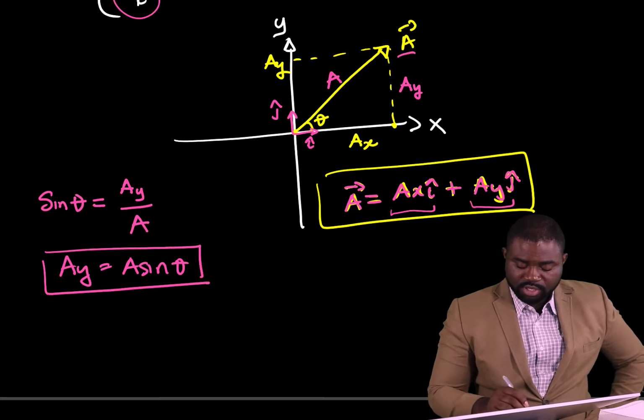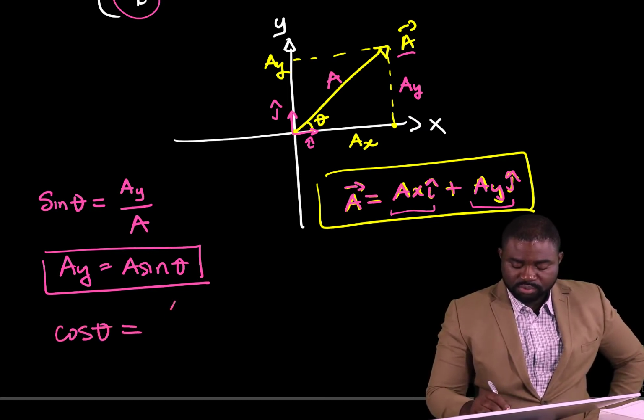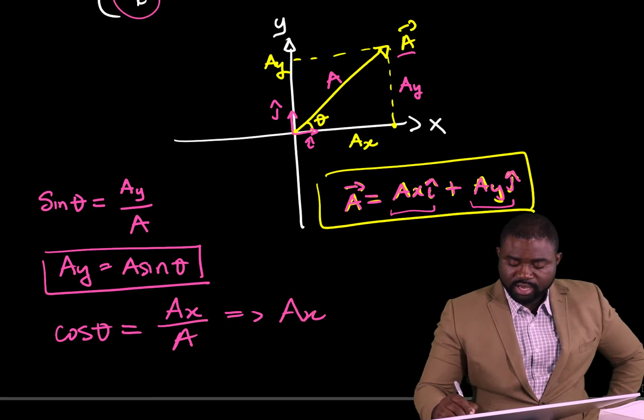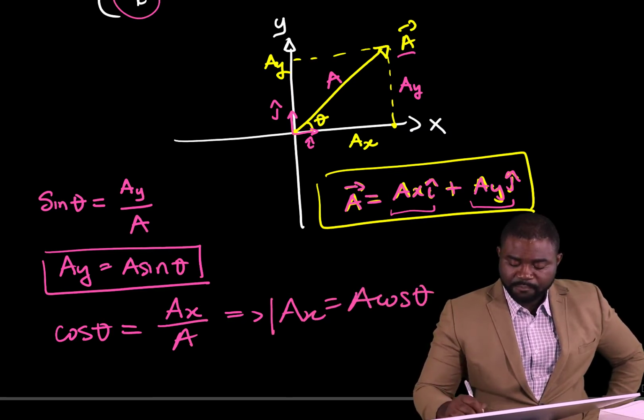Similarly, cosine of theta is equal to ax divided by A, which means that ax is equal to A cosine theta.